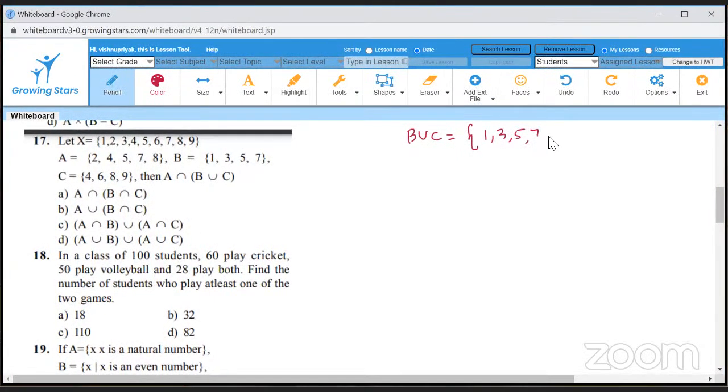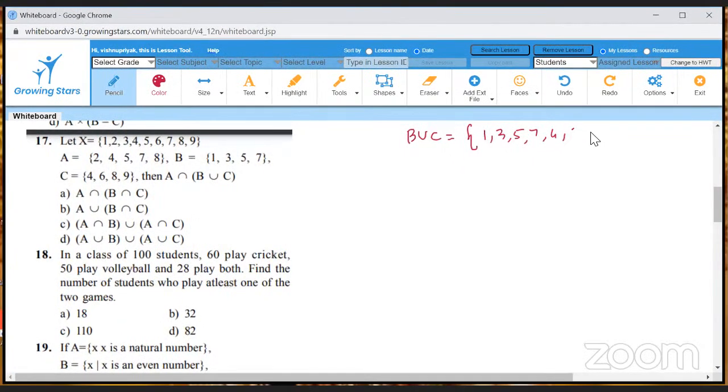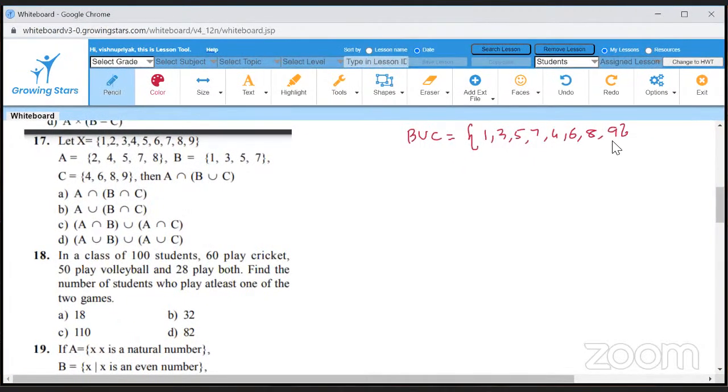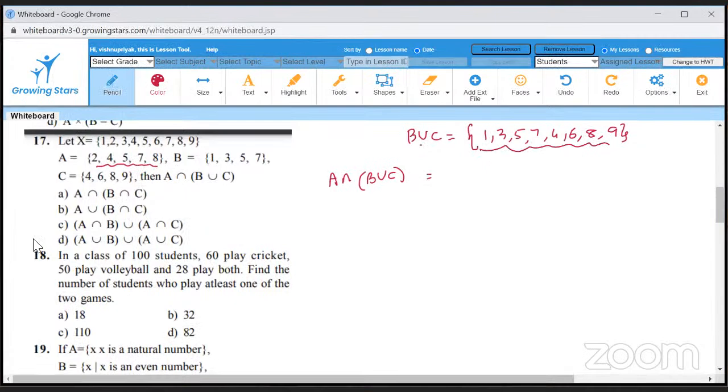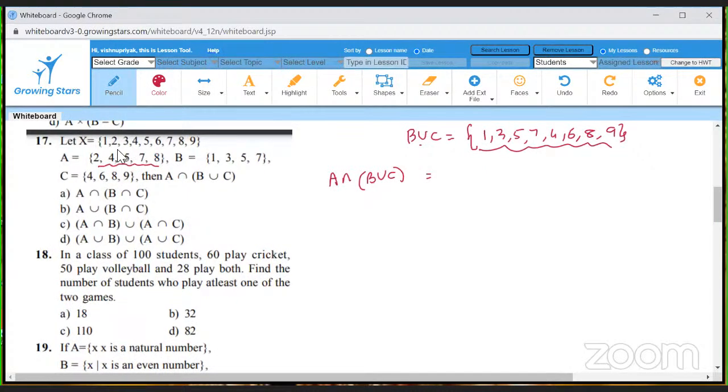And then C: 4, 6, 8, 9. But then I have to take A intersection with this B union C. That means common in A and B union C. What is common? 4 is common.